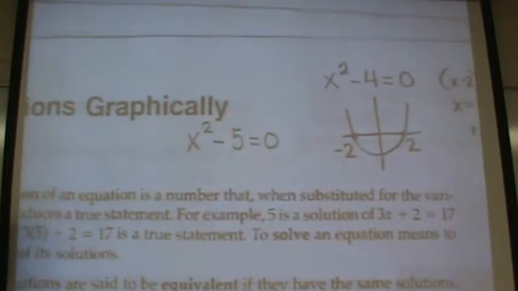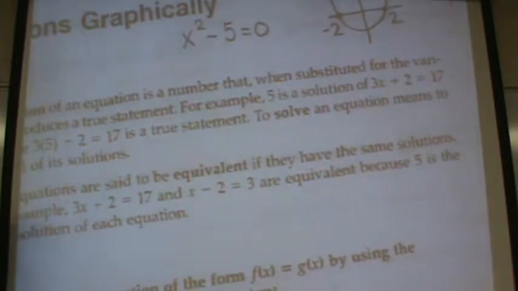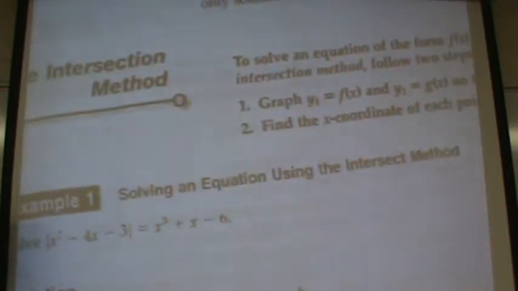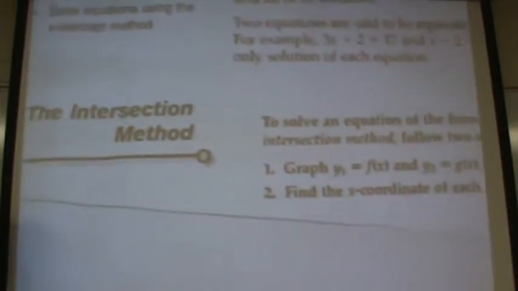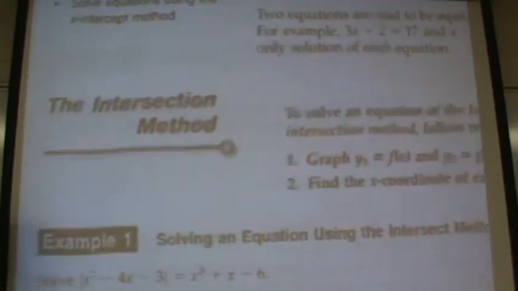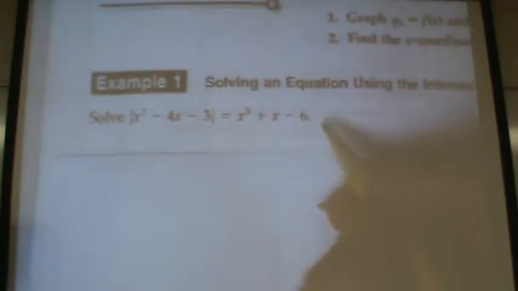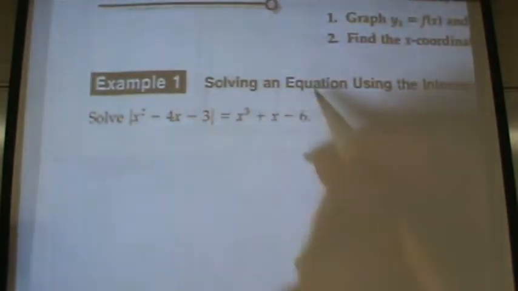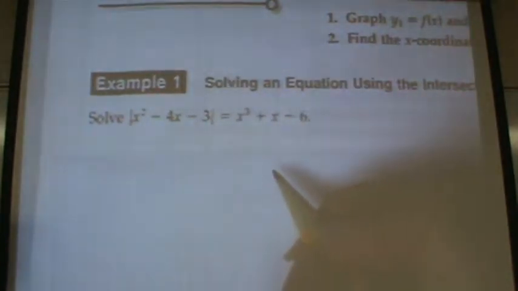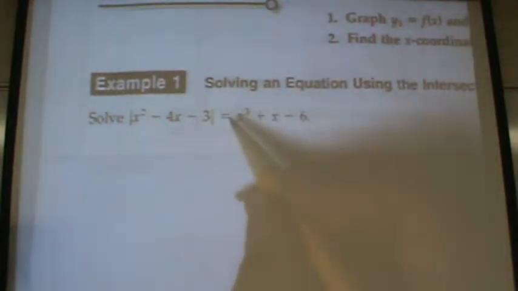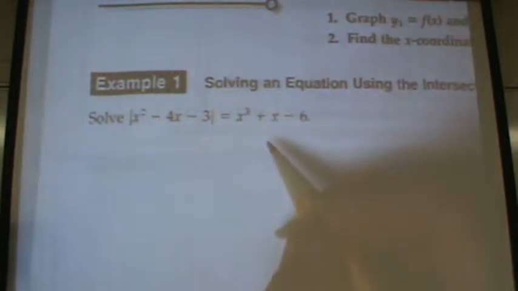Now there's two methods involved in solving these. One method is called the intersection method. You could actually do this on anything that has something equal to something else. You're not going to want to use this method if the problem is set equal to 0.